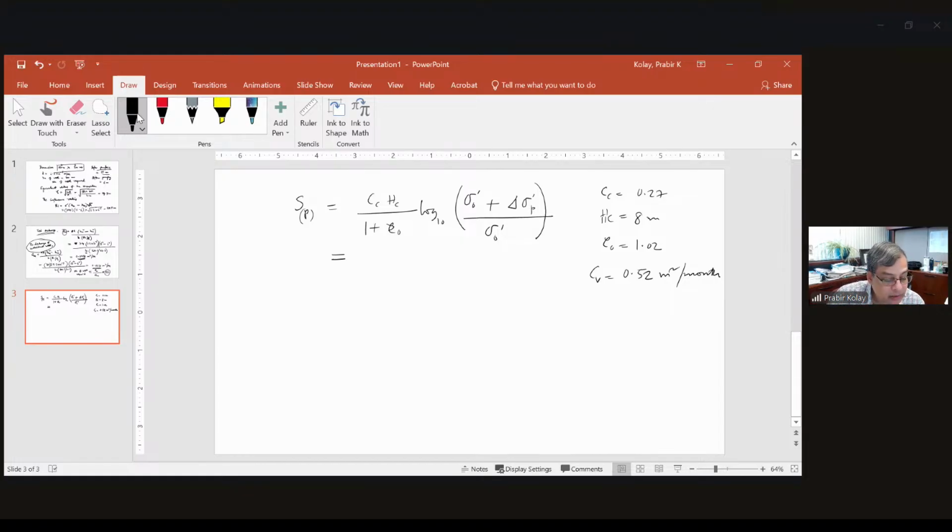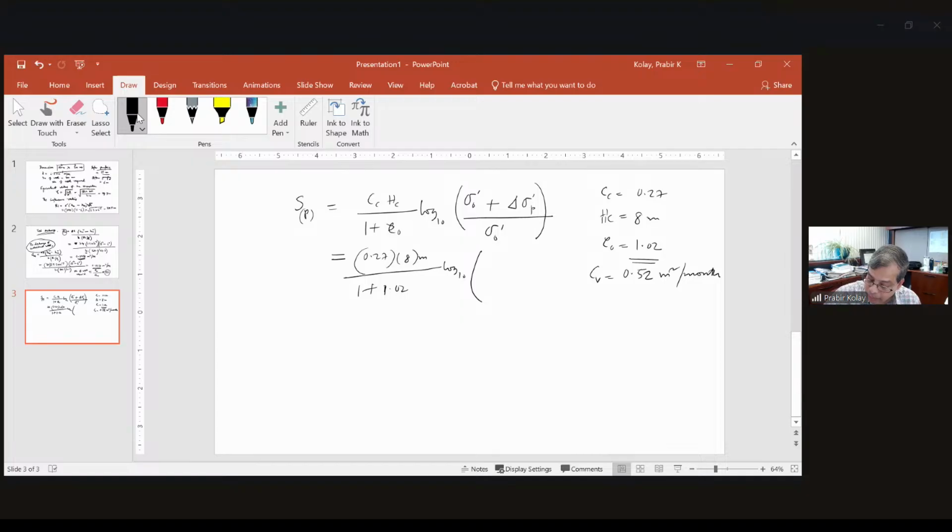So again, what I need to do is just plug in all these values. The Cc is 0.27, Hc is given 8 meter, 1 plus e naught is 1.02, log base 10. Sigma naught, that one you need to calculate, how much is the pressure. So the initial pressure was 110 before fill.